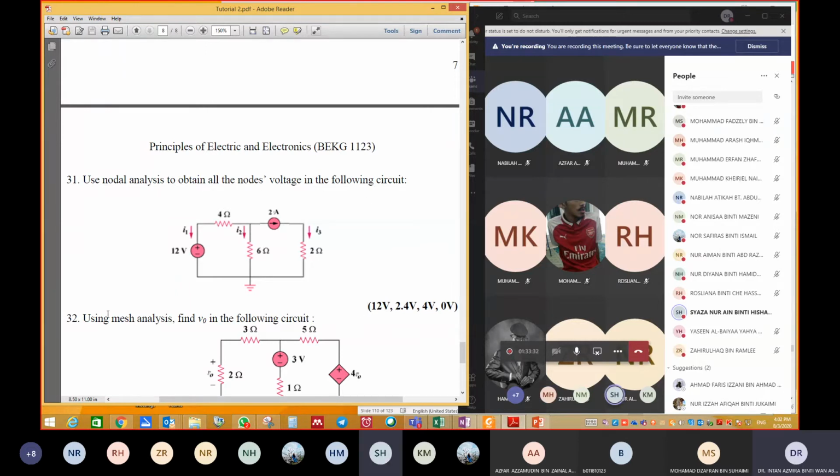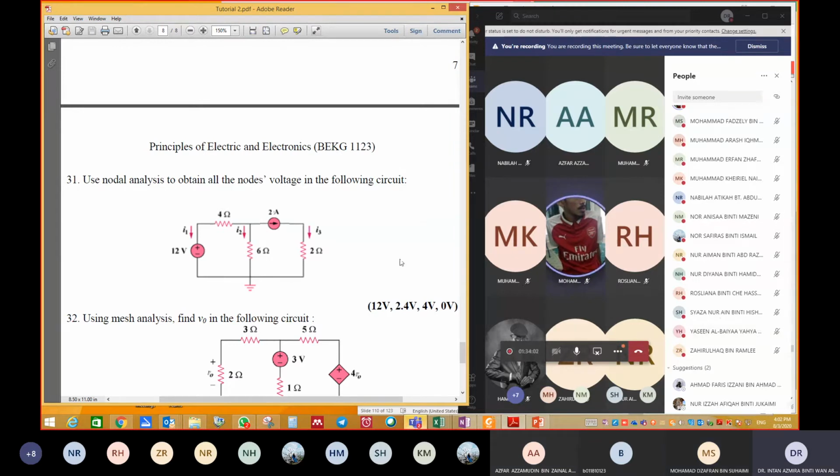Ignore the answer here. Now I want to ask you, in your opinion, how many nodes in this question? Ignore the question, ignore the answer. When you look at this circuit, how many nodes do you want to put? 2? 3.